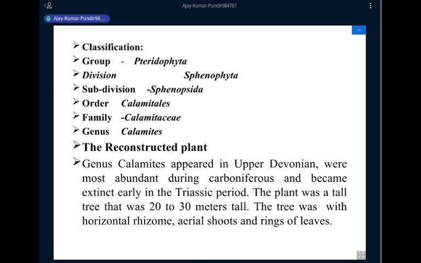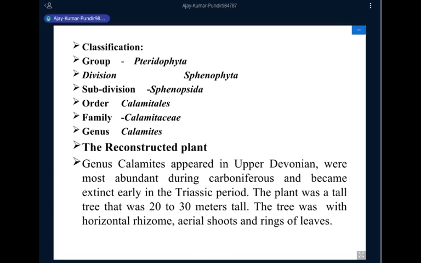There are some specific diagnostic features in division Sphenophyta that occur in Sphenophyllum as well as Calamites. The presence of groove and ridge in the stem, due to the deposition of silica towards the upper layer of the epidermis, the stem becomes differentiated into ridge and groove.